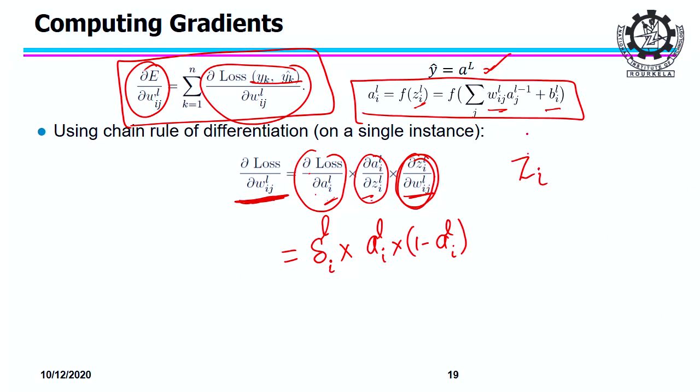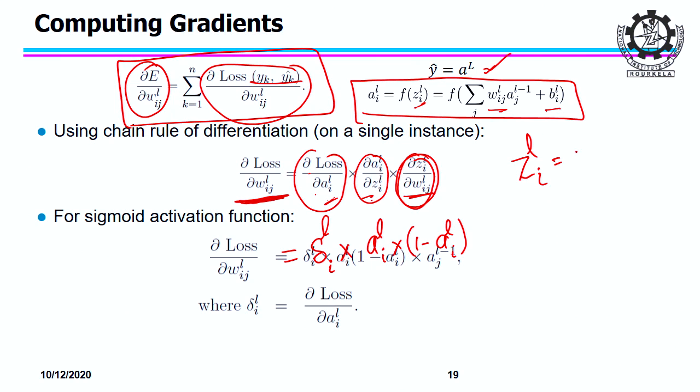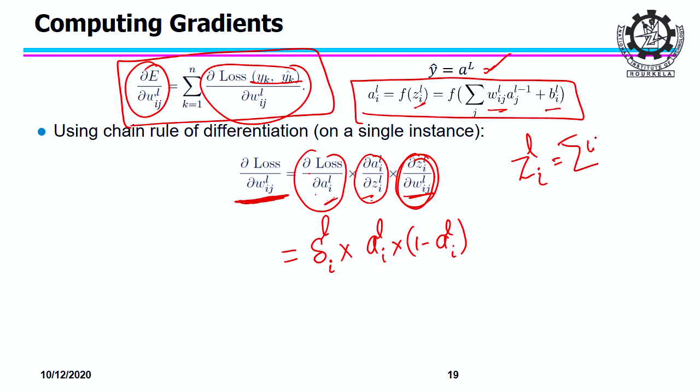Z_i^L equals summation over W_ij^L A_j^(L-1) plus B_i^L. Then we have to compute del Z_i^L by del W_ij^L. You have a summation term here, so if you change j to 1, 2, 3, whatever, this will also change, while i is fixed.